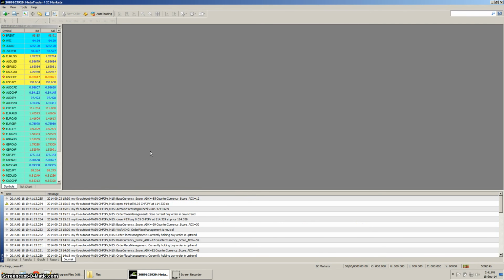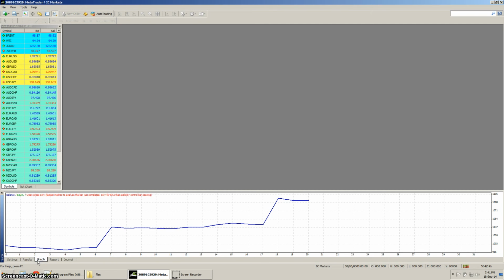Okay, that's running, and we've got some output. So basically, with those settings intact for the 15-minute period, we've got this result. Almost a 10% gain in the one week for a $1,000 account, hardly any drawdown.